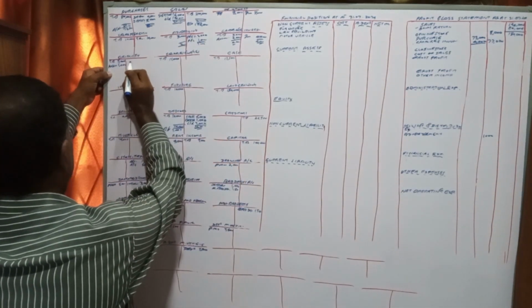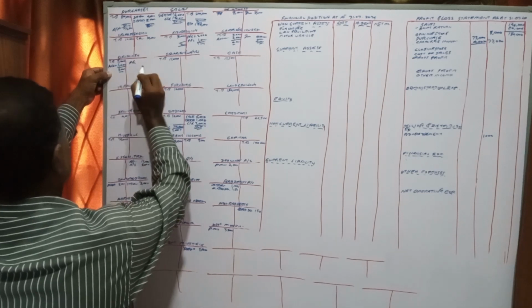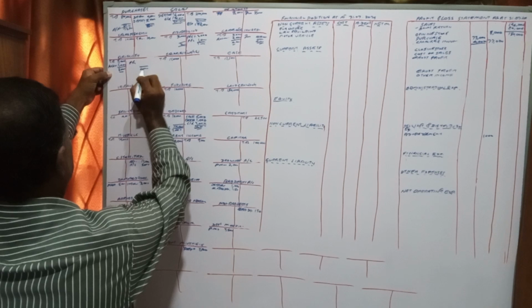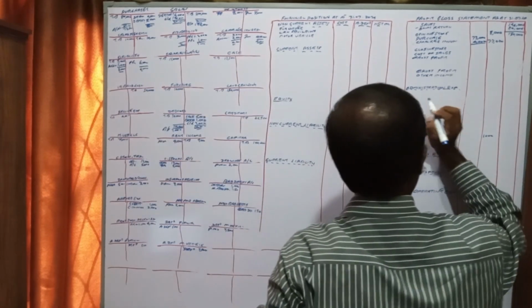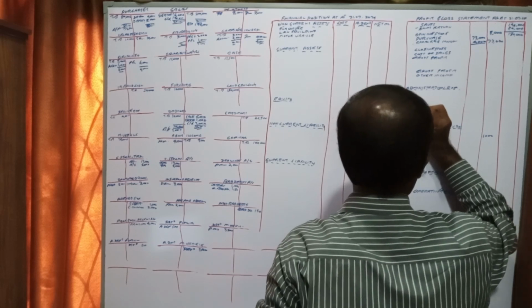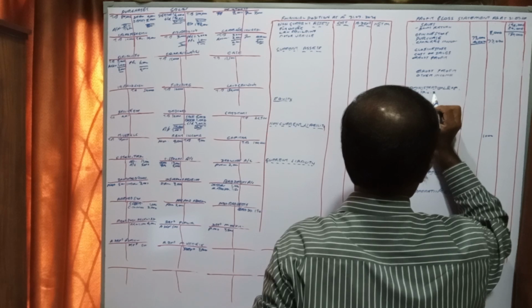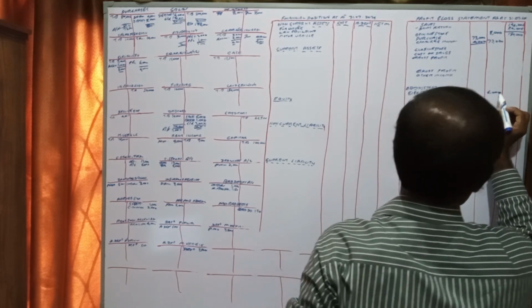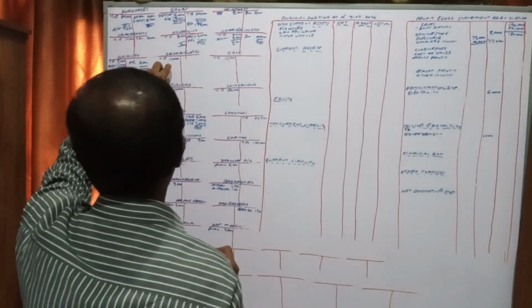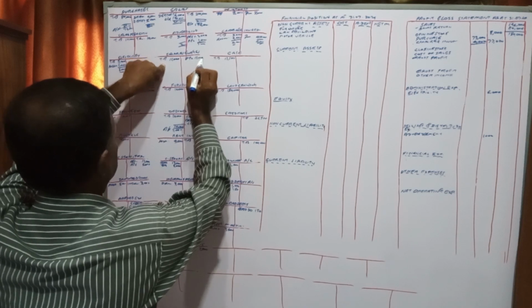Electricity P&L 6,000. Electricity bill 6,000. And salaries and wages P&L 15,000.